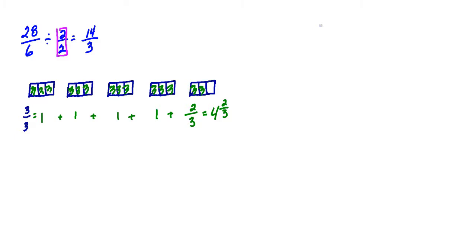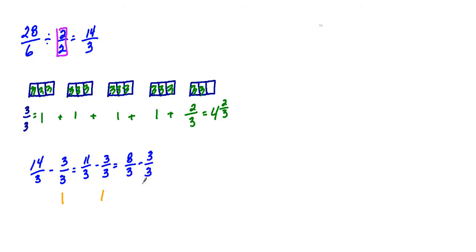Let's try the subtraction method. I've got 14/3, and I take away 3 of the thirds. I take away 1 whole. I am left with 11/3. Let's take those away. Let's take 3/3 away. There's another 1 whole. 11 minus 3 is 8, and I've got 8/3, from which I can take away another 3/3.